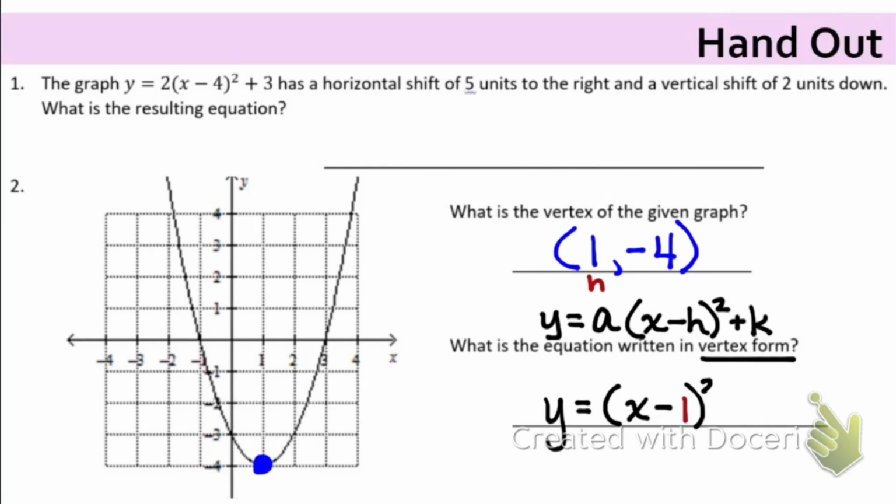And then we square it. What should I put after the parentheses that are squared? Minus 4, because the y part of my ordered pair is my k value. So we took h, we put it in h's spot right here. We took our k, we put it in k's spot right here. a was 1, so we didn't have to write it down.